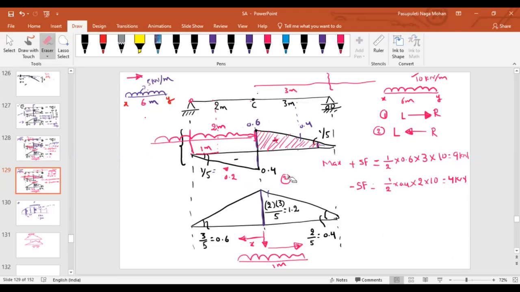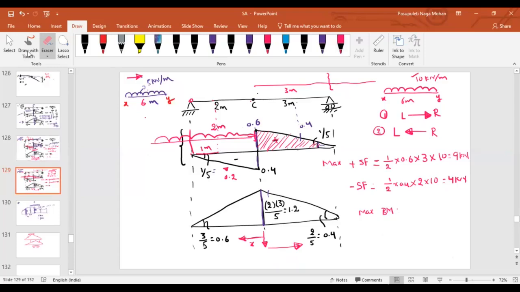Now, what about maximum bending moment? What is the difference between the previous case and this case?